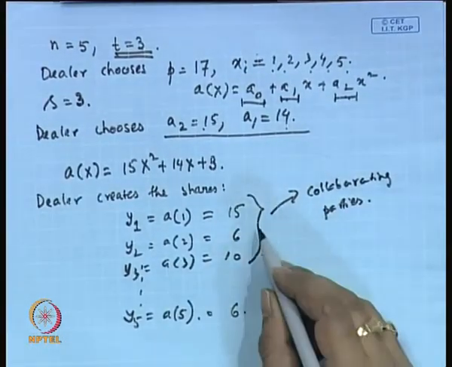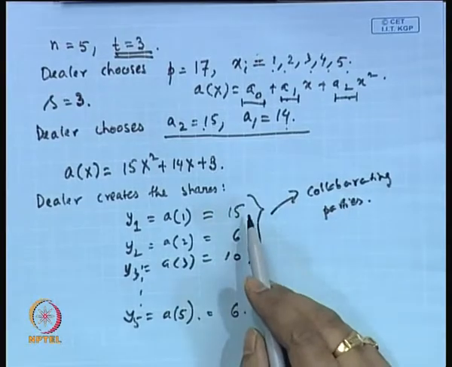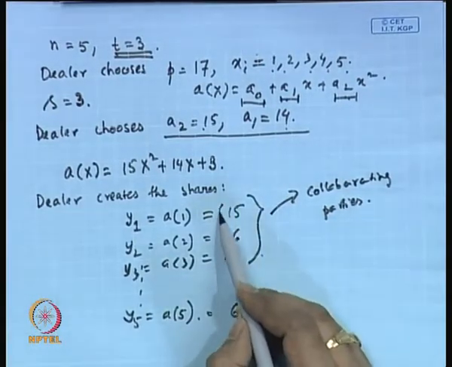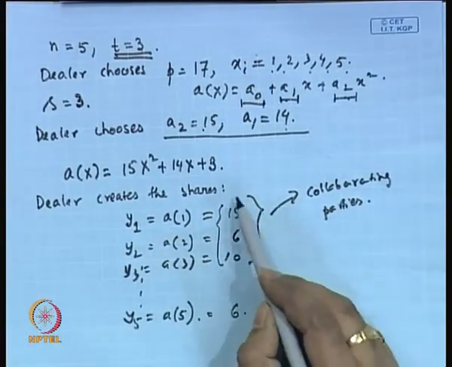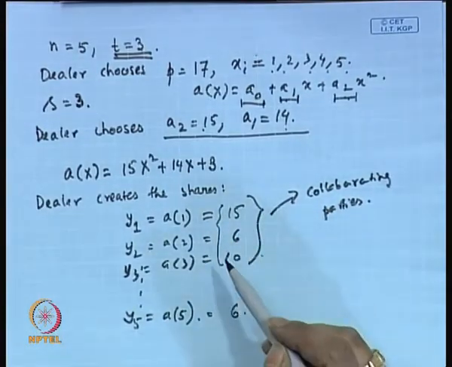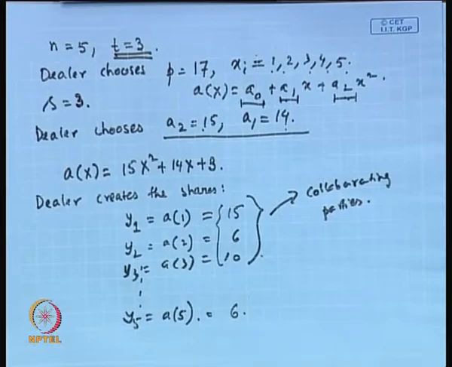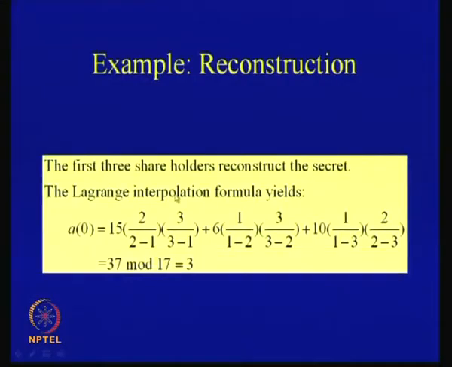These collaborating parties will apply Lagrange's interpolation on 15, 6 and 10. The polynomial is as shown here, that is, 15 into 2 divided by 2 minus 1 into 3 divided by 3 minus 1, plus 6 into 1 by 1 minus 2 into 3 by 3 minus 2, and so on.